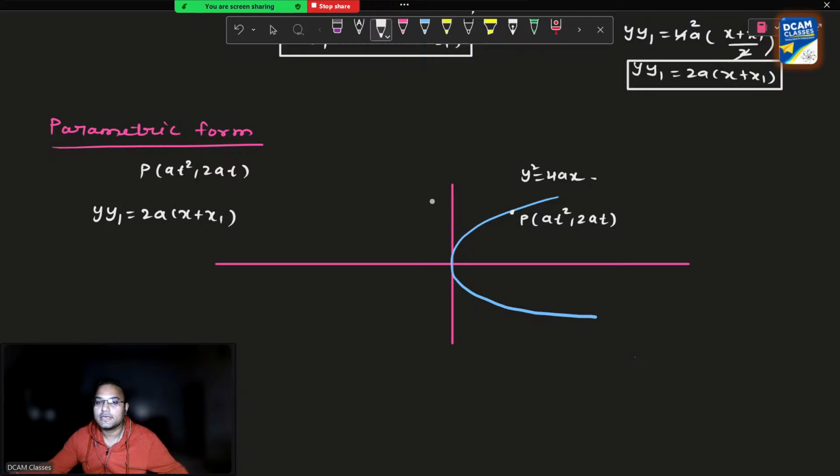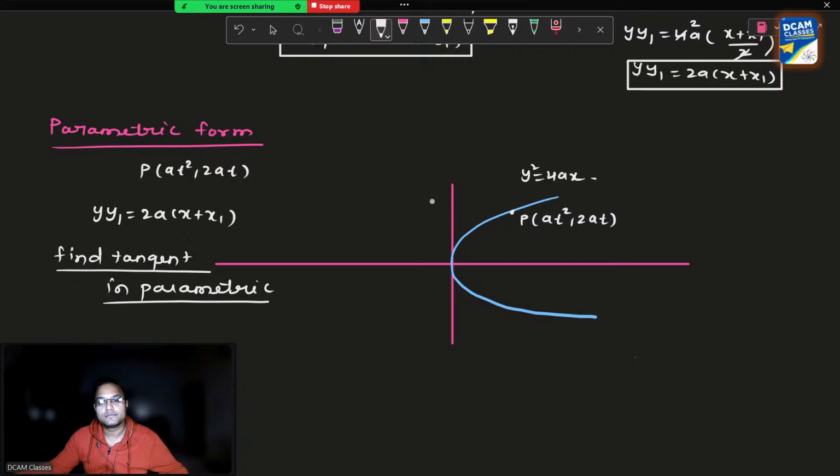Put in this, try to find out the equation of tangent in parametric form. Can you do it? You need to get the equation of tangent and equation of normal, both. First get me the equation of tangent, then normal.